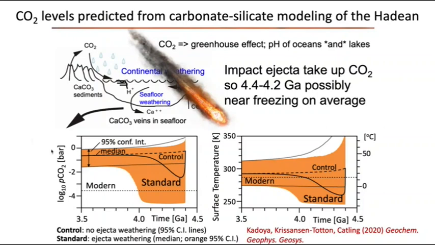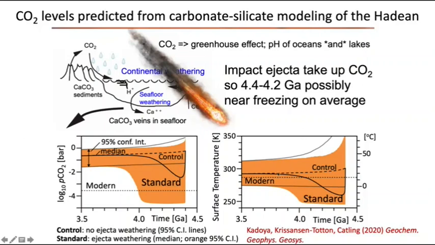Looking at the figures below, these show the evolution of Earth's surface environment from a 2020 paper. In the control case, which is no ejecta weathering, the dashed line, CO2 adjusts to be higher than modern, shown in the dotted line, to compensate for the faint young sun.